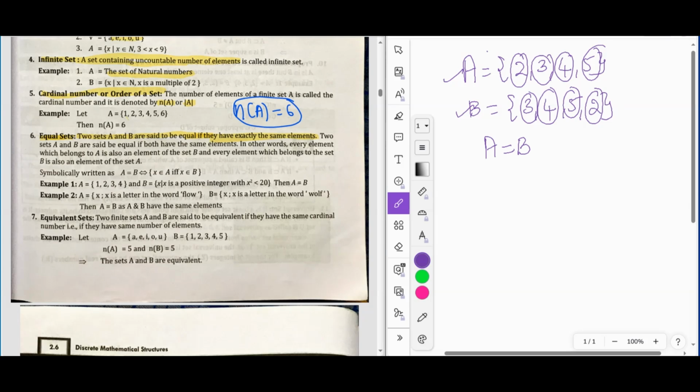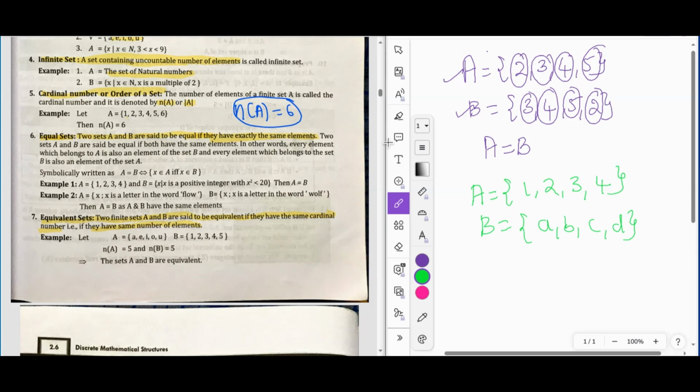Okay, then next one we have is equivalent set. What is equivalent set? Two finite sets A and B are said to be equivalent if they have the same cardinal number, the same number of elements. They should have the same number of elements, but the condition is not that they should be the same. For example, A is 1, 2, 3, 4, and B is a, b, c, d.